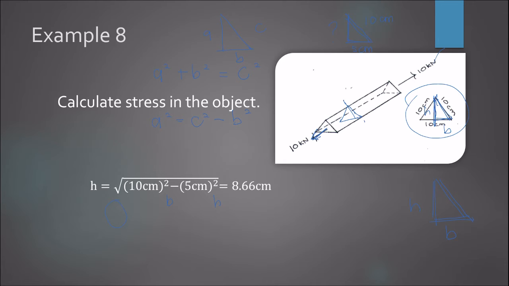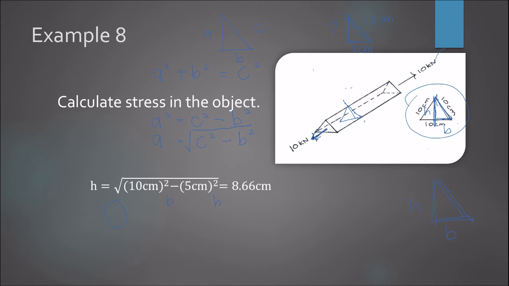This A is actually H. So A equals C power of 2 minus B power of 2. And to remove the square on A, on the other side you have to take the square root. Then you get it like this.